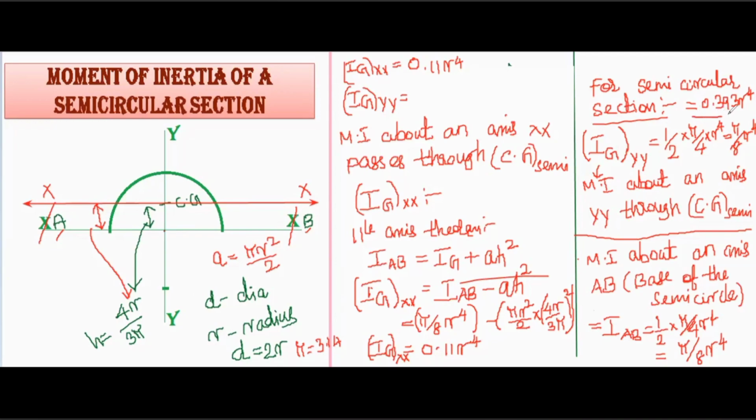It means that the same answer you will get, 0.393 r power 4. So IGYY, or moment of inertia with respect to the axis that passes through the base, IAB, is also 0.393 r power 4.